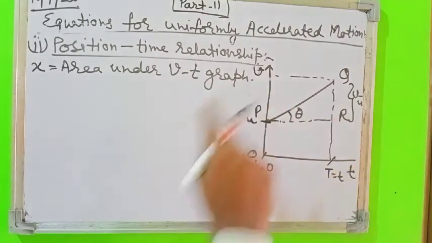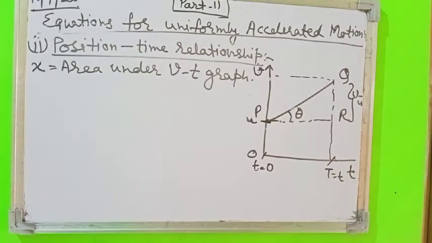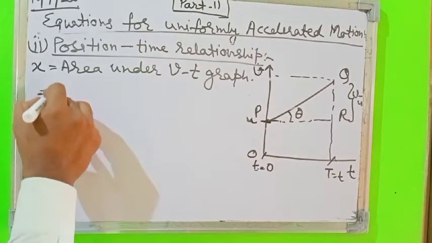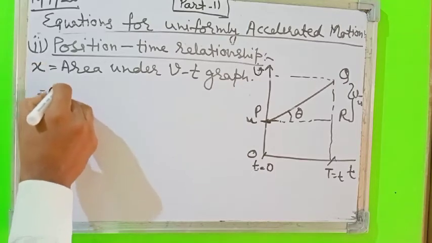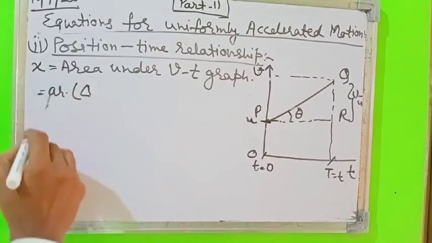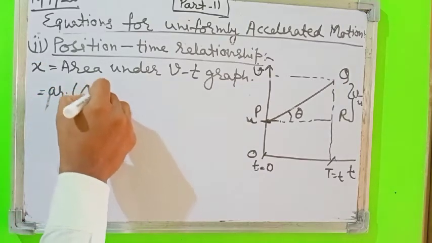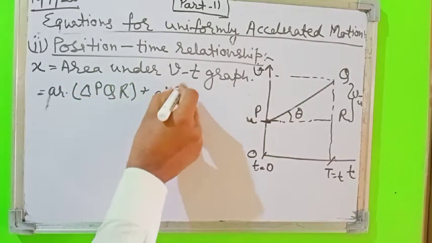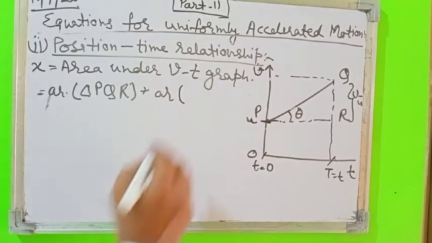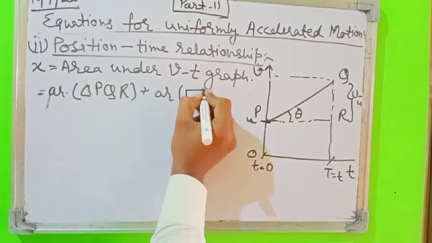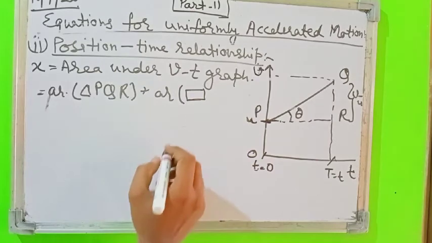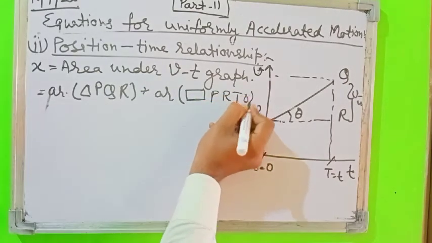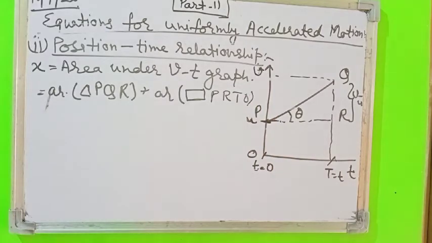So the area under the VT graph can be given as the area of right angle triangle PQR plus the area of rectangle PRTO.